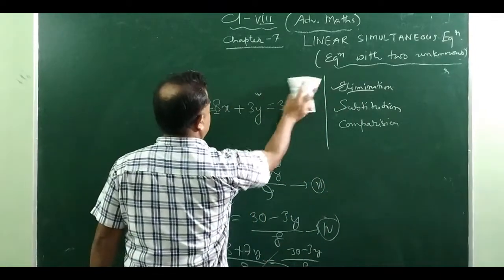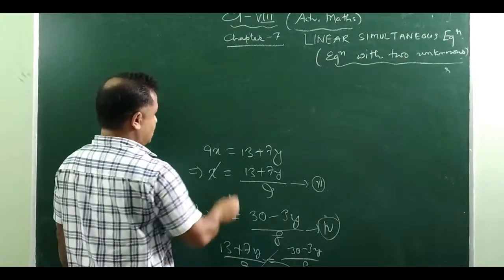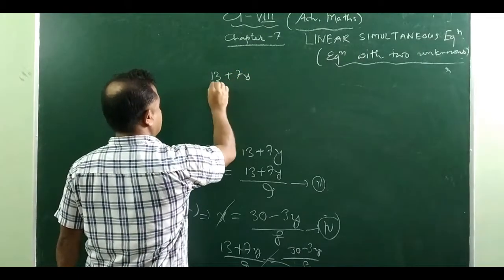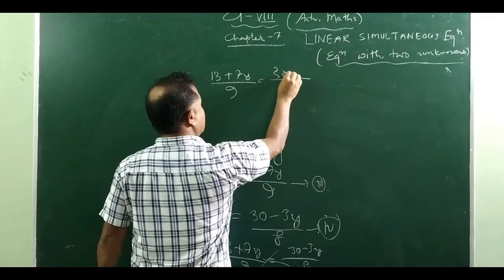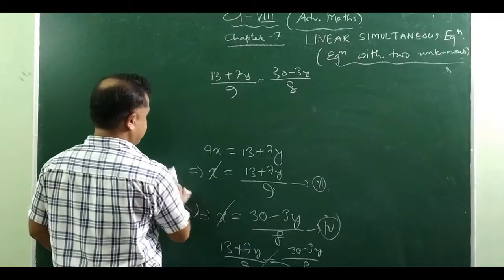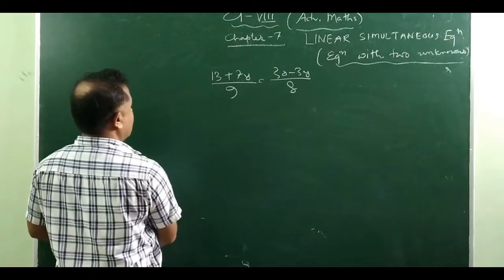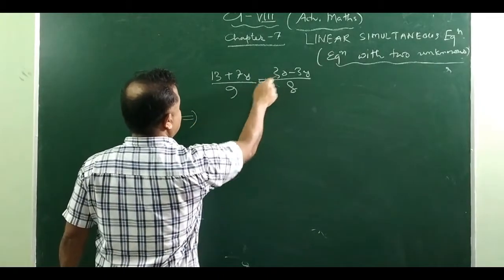Let me rub this one. The equation that comes is (13 plus 7y) by 9 is equal to (30 minus 3y) by 8. If I compare now, again I need to do cross multiplication.